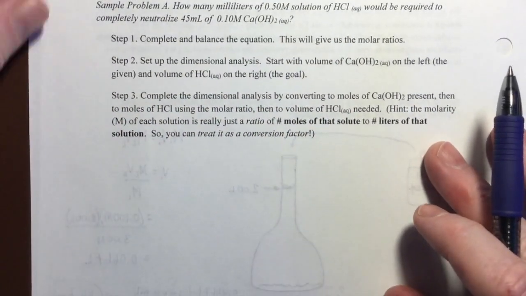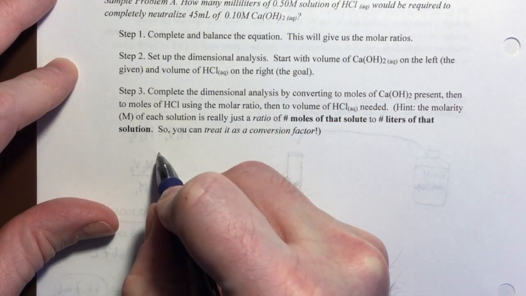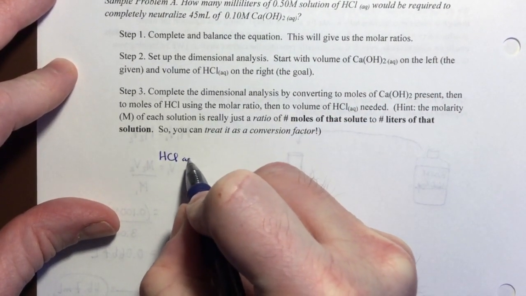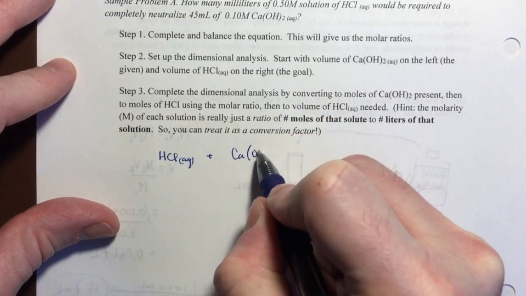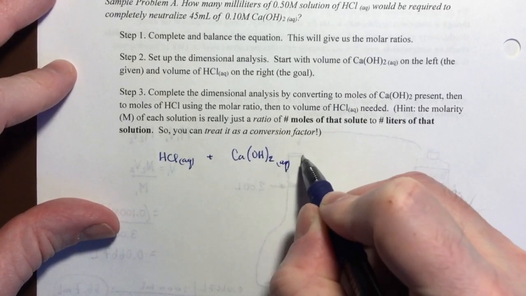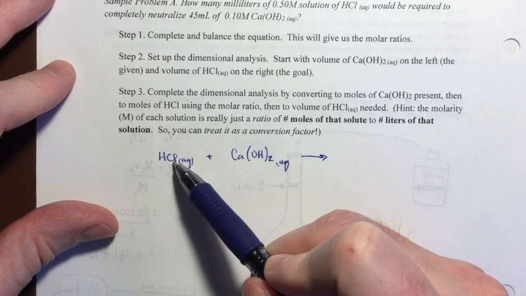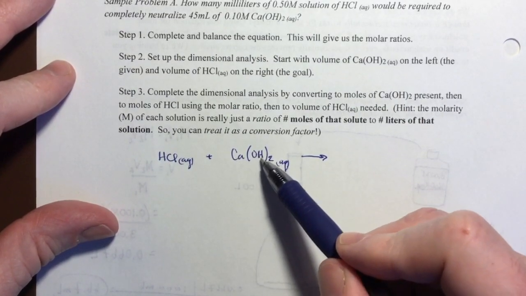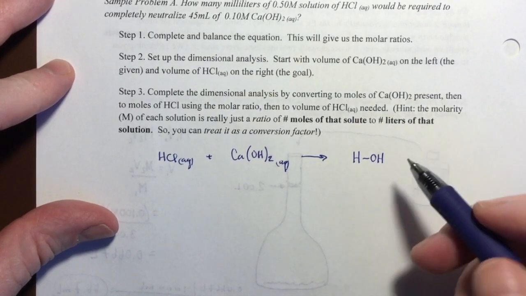So step one, let's write our completed and balanced chemical equation. All right, so I've got hydrochloric acid reacting with calcium hydroxide. This is an acid-base reaction, so the hydrogen from the acid is going to pair up with the hydroxide from the base to form water.